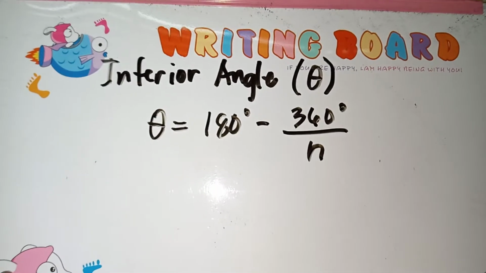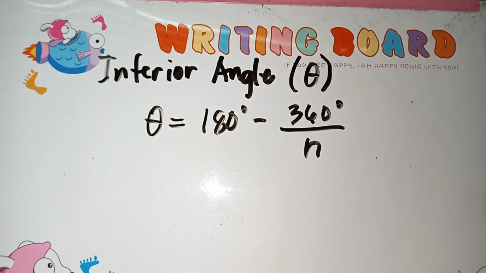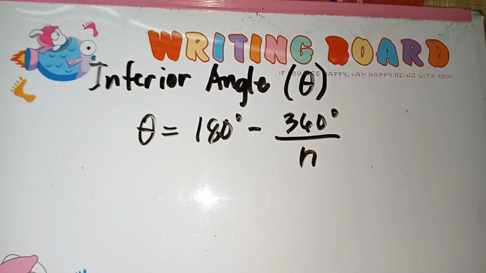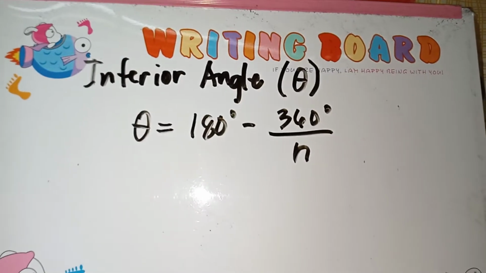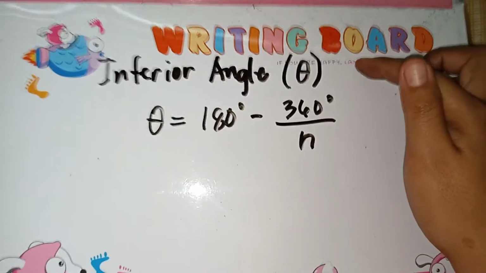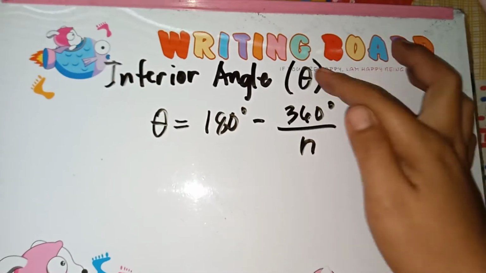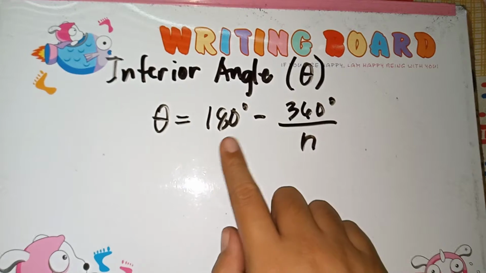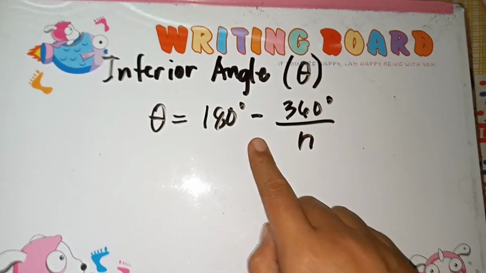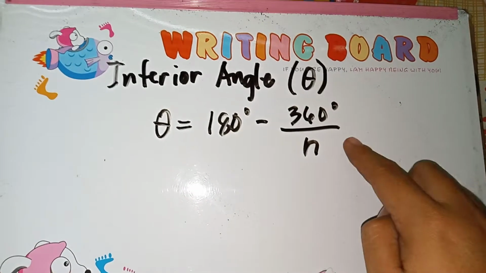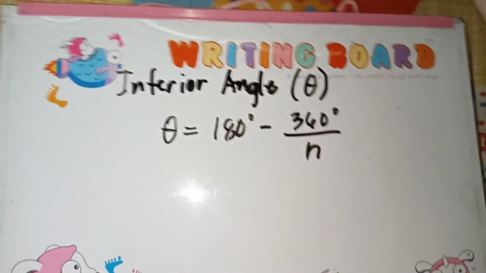Next is how to find the measure of the interior angle of a given polygon. The interior angle is denoted as theta. Theta is equal to 180 degrees minus 360 degrees over n, where n is always the number of sides.